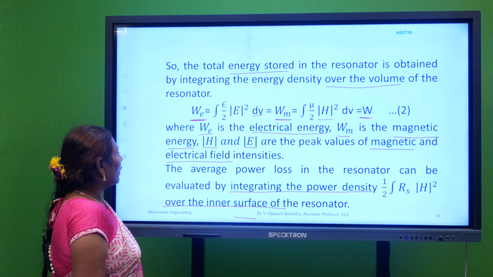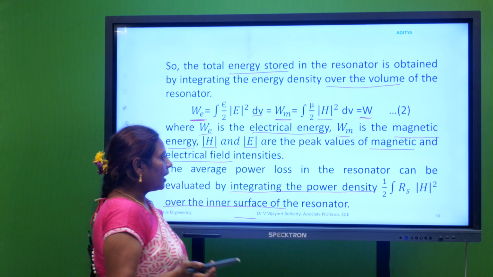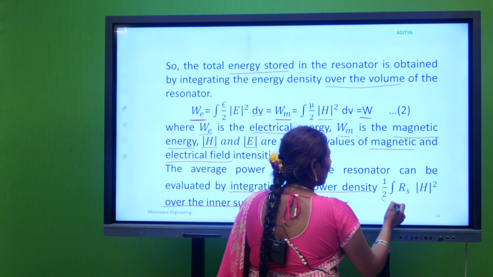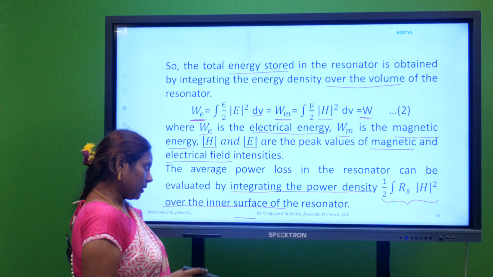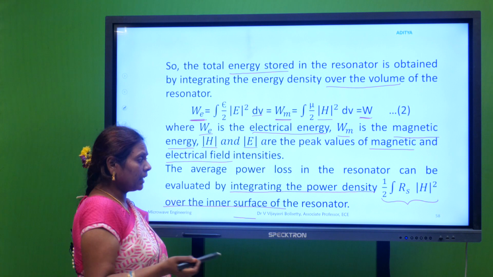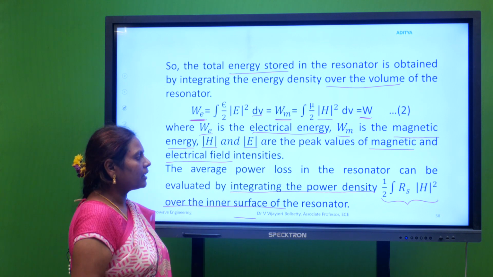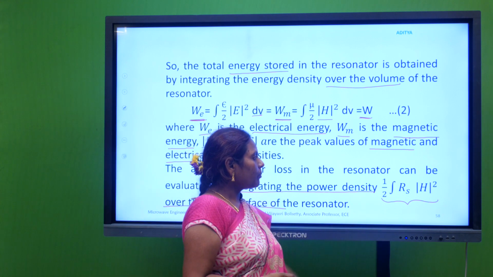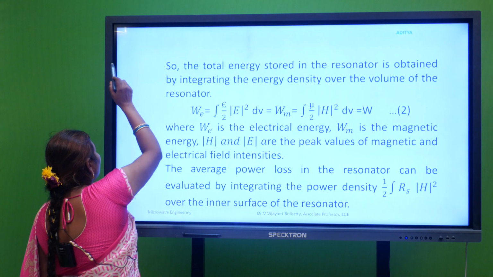Using this definition we can obtain the power loss, which is generally defined as 1 by 2 integral Rs magnitude of H square. If we consider the magnetic field intensity, the power loss in the resonator is given by 1 by 2 integral Rs magnitude H square.